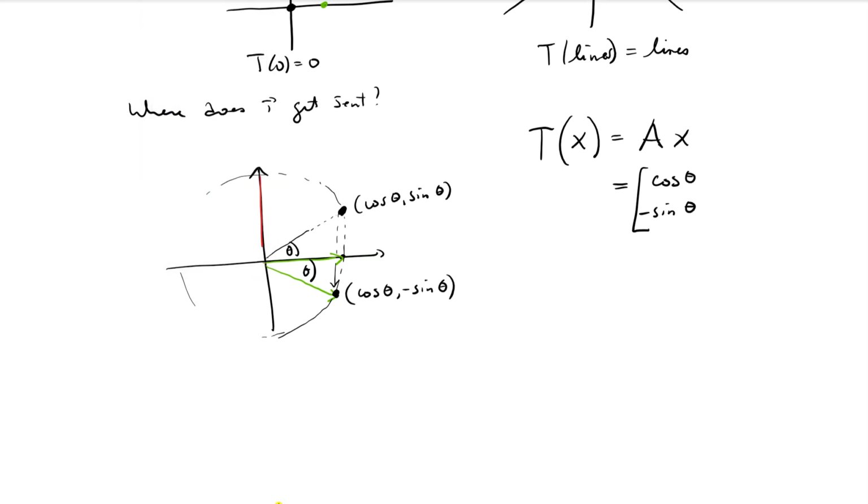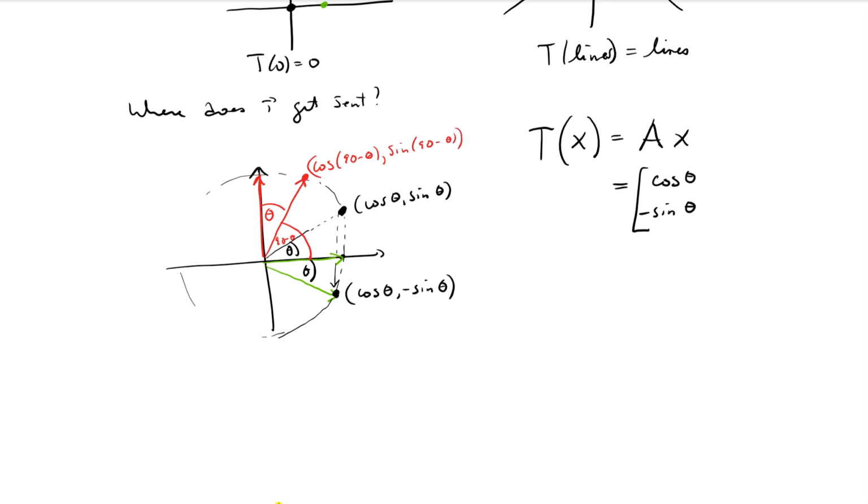Okay, J is here. Where's that getting sent? Well, as you rotate, we'll go there. So this is theta, and this, as it turns out, is 90 degrees minus theta. So this point here is cos of 90 degrees minus theta, sine of 90 degrees minus theta.